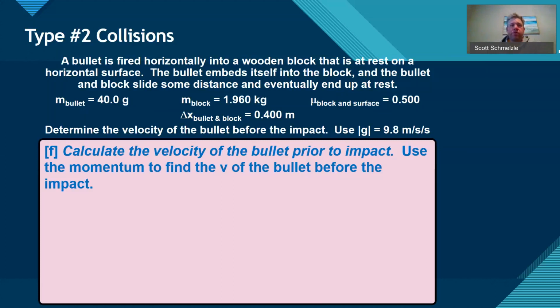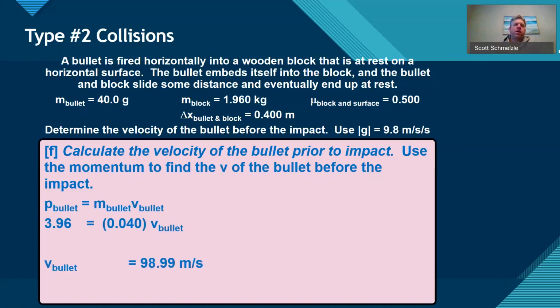Again, because momentum is conserved, we're going to say, all right, 3.96 is equal to 0.040 times v. So what we end up seeing is the velocity of our bullet ends up being about 98.99 meters per second. Okay, let me just verify that. 3.96 divided by 0.040. Yep, it's basically 99.